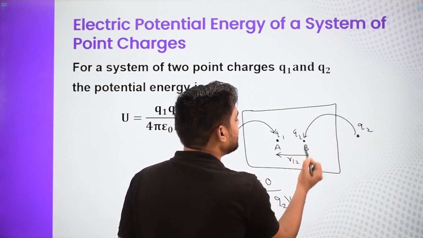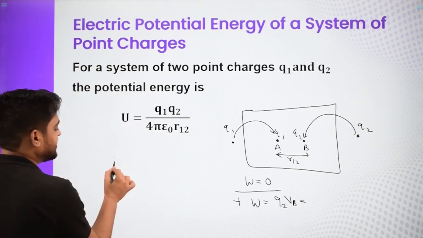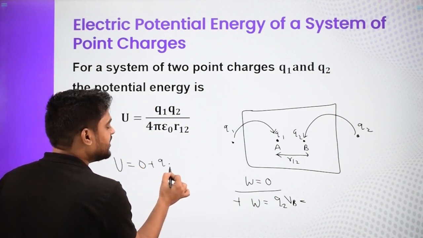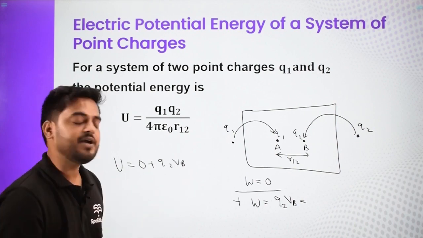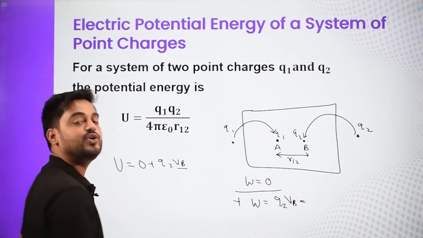So our potential energy is nothing but 0, which is no work, plus Q2 into VB. How do we write the potential of point B? It is kQ by r, and this potential is due to Q1.